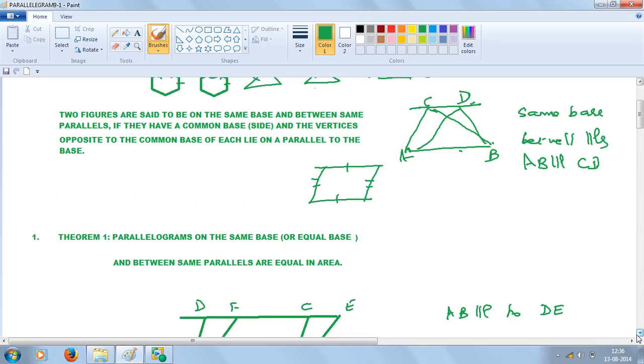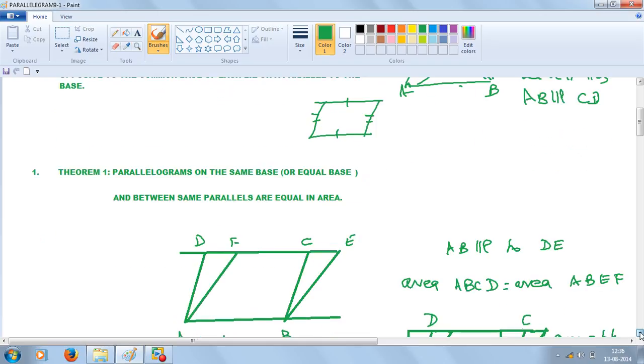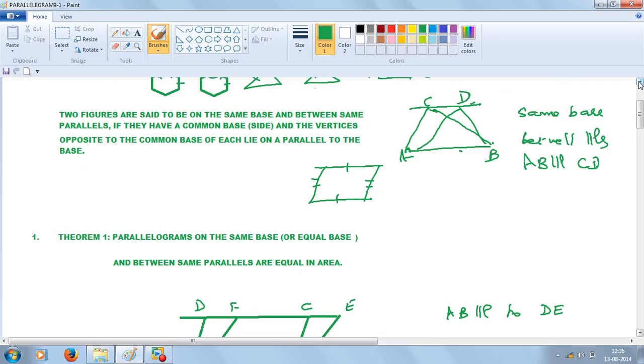If there is a triangle inside the parallelogram, then it's half the area of the parallelogram. So the area of the parallelogram is equal to base into height.